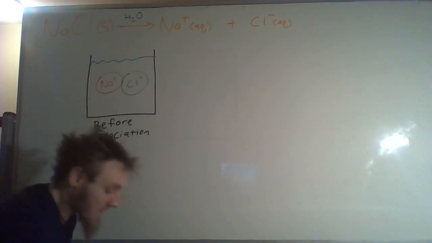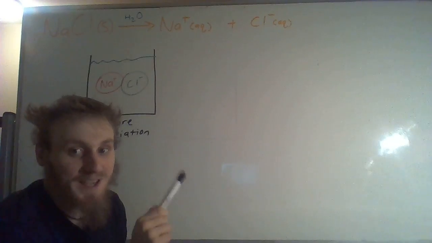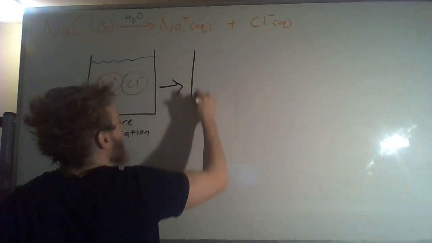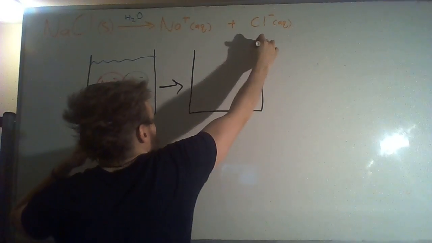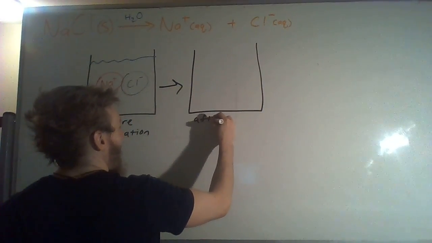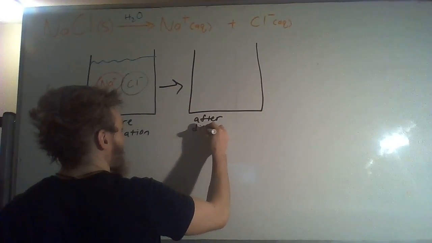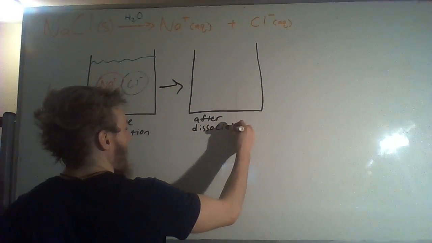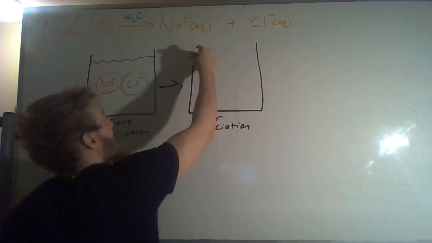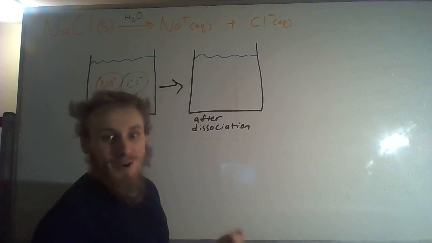Now, after some amount of time, and again, it won't take very long at all, those ions will dissociate from one another. So again, we have our beaker here, and we'll call this after dissociation. And our beaker, of course, still has some water in it. That water didn't go anywhere.